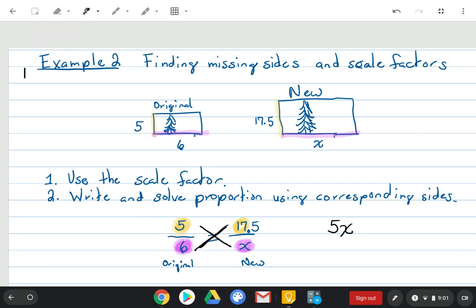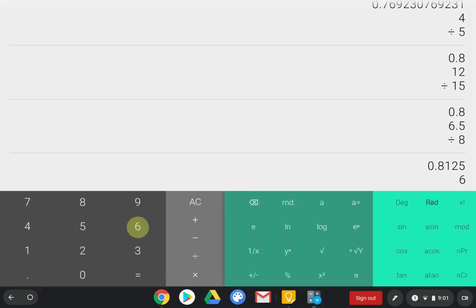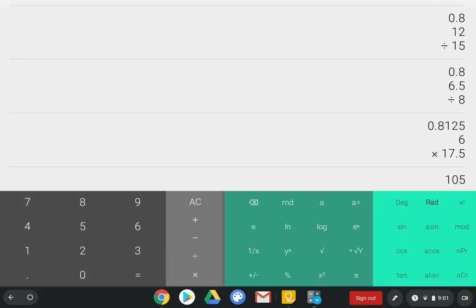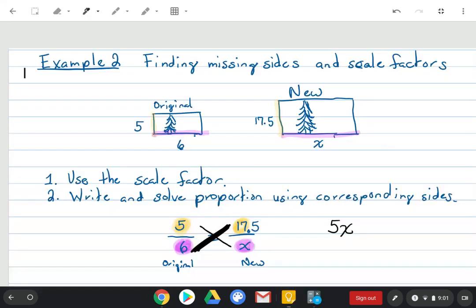And then on this arm right here, we have 6 times 17.5. Let's get out our calculator and figure out what 6 times 17.5 is. That's 105. So we now have 5x equals 105.